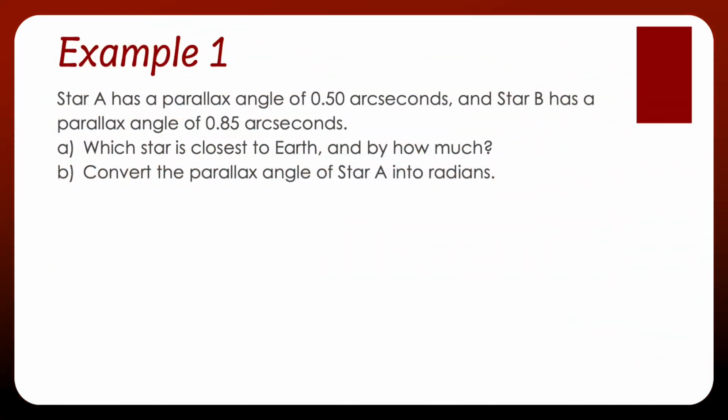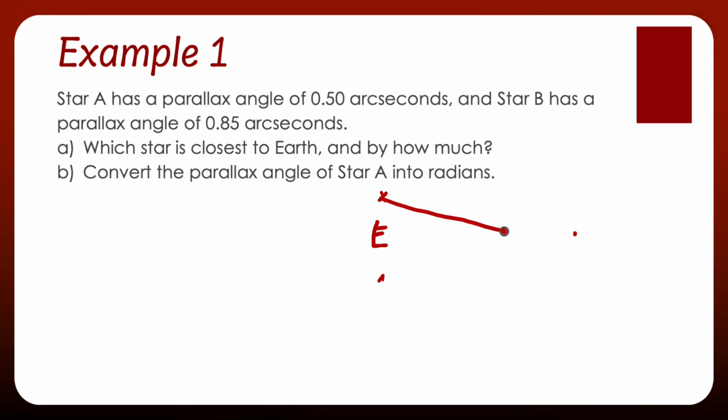Star A has a parallax angle of 0.5 arc seconds, and B has a parallax angle of 0.85 arc seconds. So let me just draw a quick picture. Here's the Earth. Here's one spot. Here's the other spot. And I'm going to say I've got 2 stars.